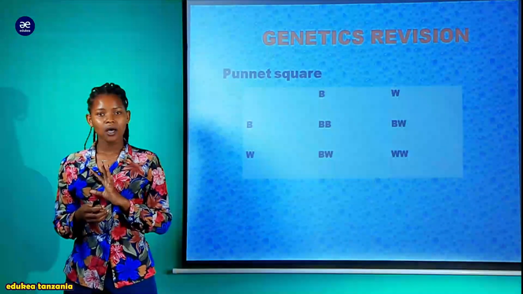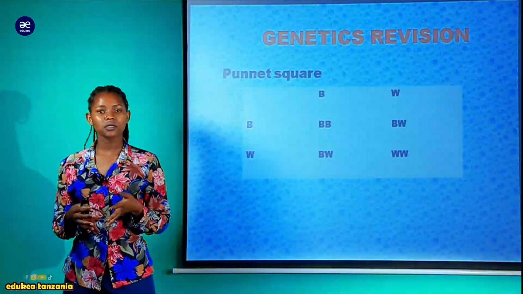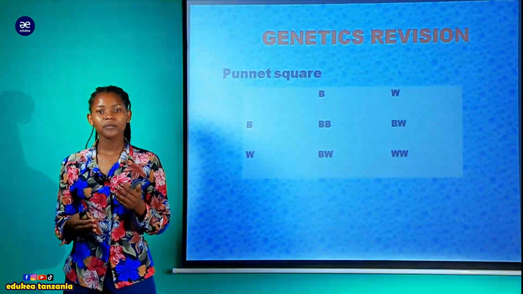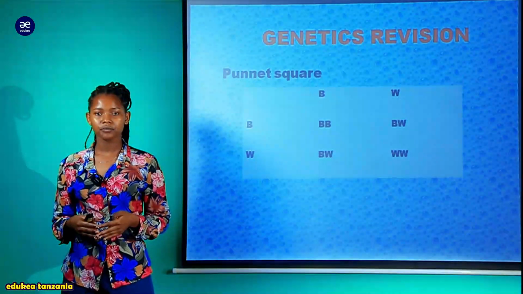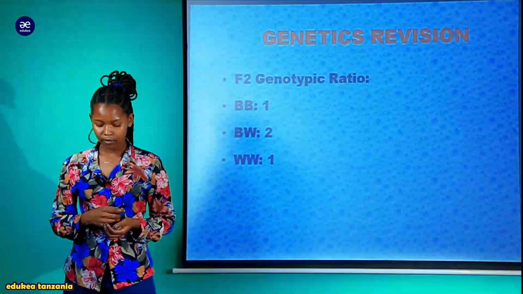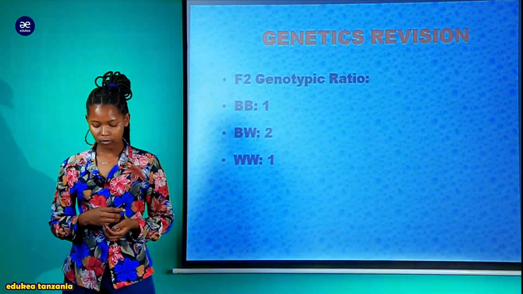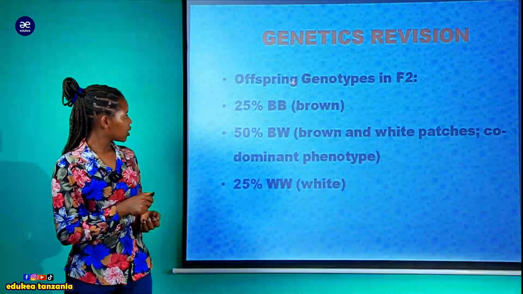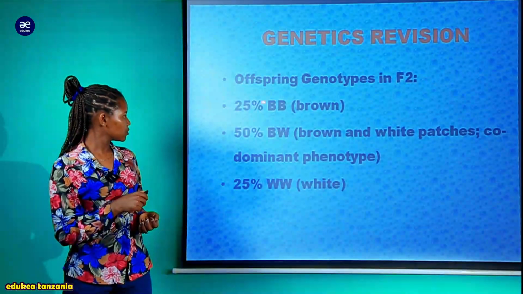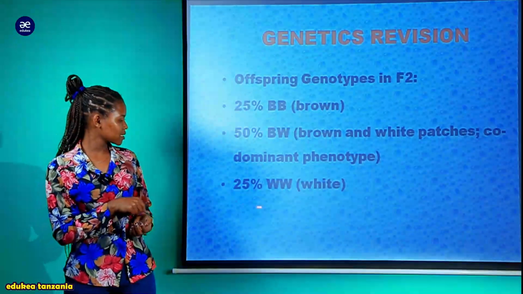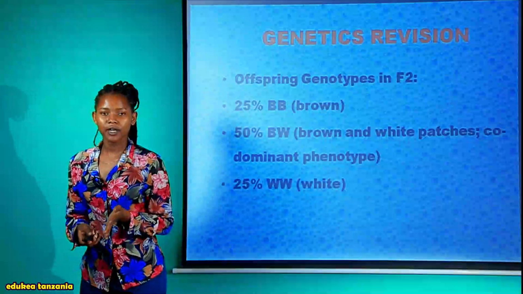Also there are some sorts of questions ambazo zinakuwa ni somehow contradicted. You will have to settle your mind ili uweze kuzijibu vizuri. And now after doing that, you can see here offspring genotypes in F2, it's also 25%, 50% as well as 25%.